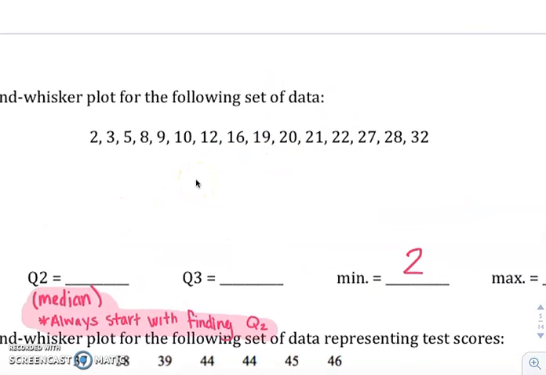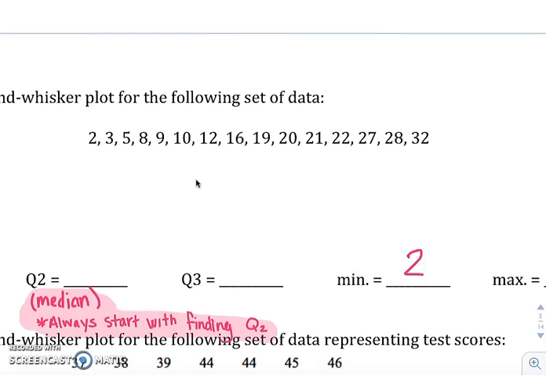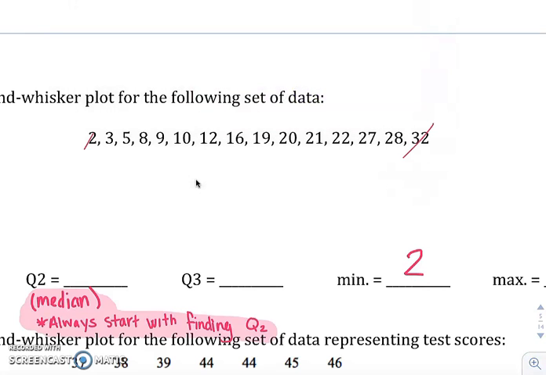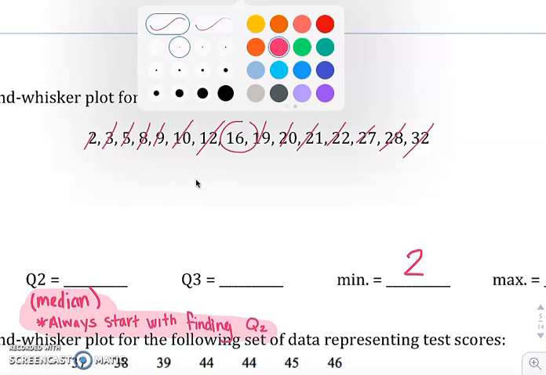So let's go ahead and find the middle data value. So cross them off. So 16 is automatically the median, but also your Q2.